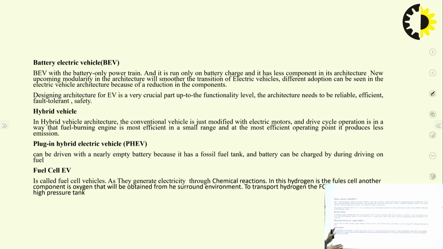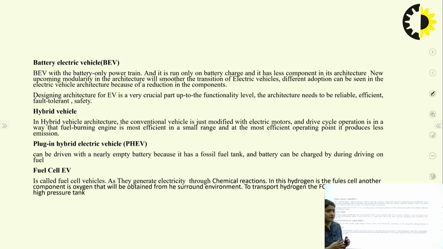And the plug-in hybrid electric vehicle also has the electric motor and the battery, and the fuel tank is also there. If the battery is in discharge mode, the vehicle can still be run, and during the drive mode, the battery can be charged, right?